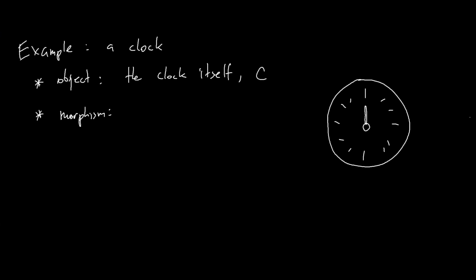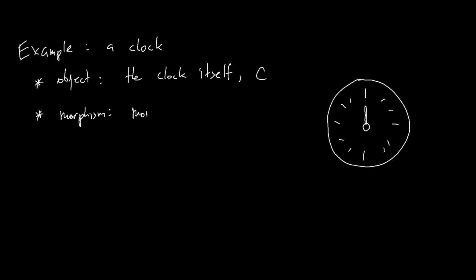Coming back to the clock, we want to model the function of the clock, which is the fact that it shows the hours. So maybe we should pick as our morphism the process of the hand of the clock moving from 1 hour to the next one.